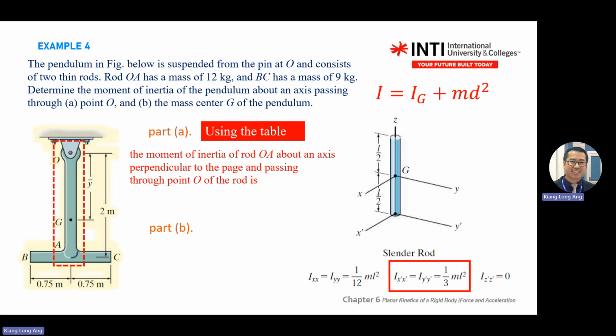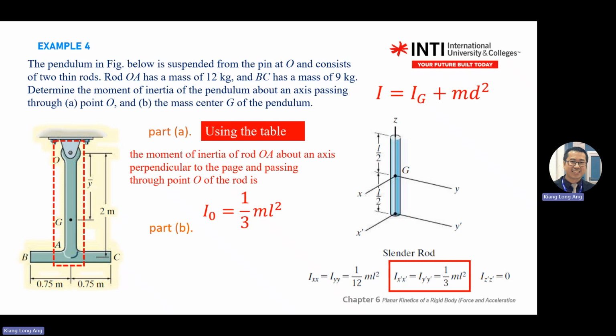So again, for the first part, the value that we read from here is IG. My question here is why we do not put in MD squared for the first object. Because you're reading from O here.